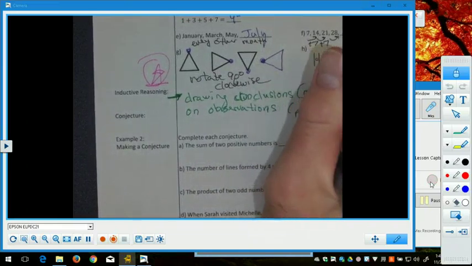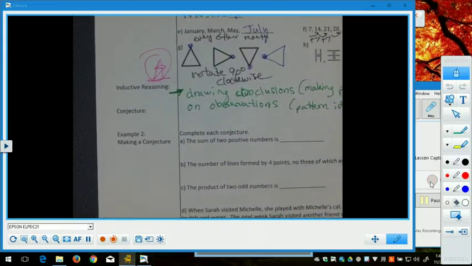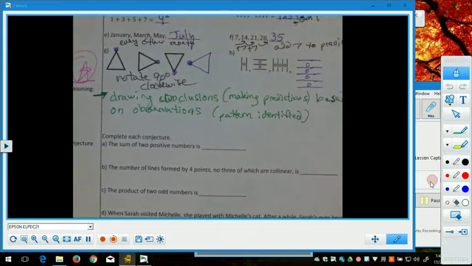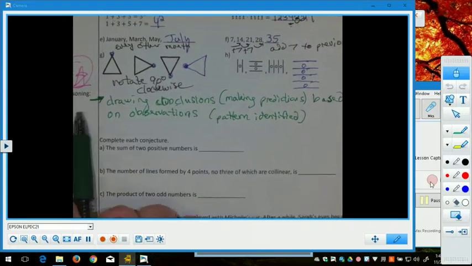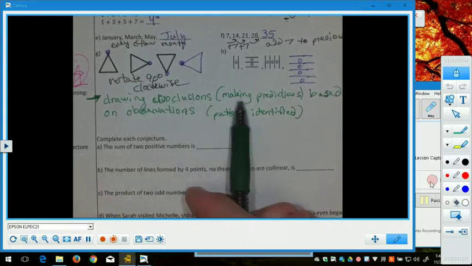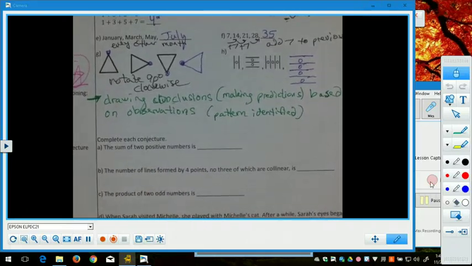A pattern is identified. And that pattern is true for several things, and so we assume that it's going to continue that pattern. So inductive reasoning, drawing conclusions, making predictions based on observations or patterns that we've identified.